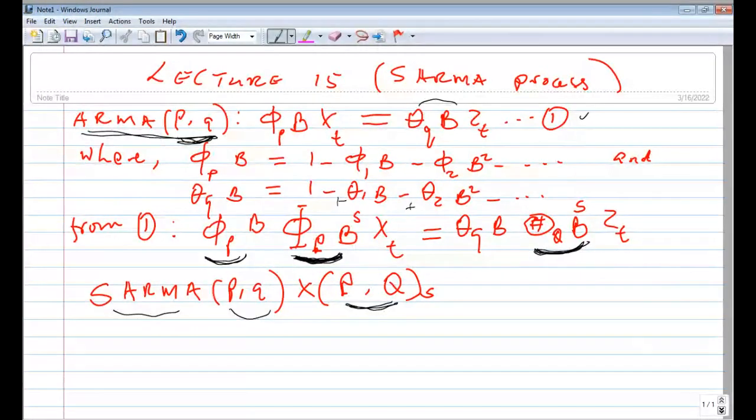So now, this is the part that we are adding. Where are we getting them from? Because if you can check, when we were dealing with ARMA, we joined the moving average and the autoregressive. So now on this one of SARMA, when we're adding this part, where are we getting them from?